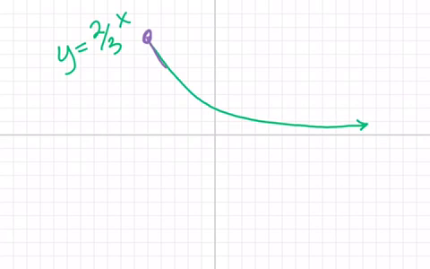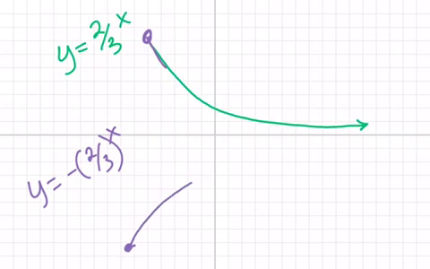Let's say y equals negative 2/3 to the x power. You're going to start down in quadrant 4 and go up and to the right. But listen, if you don't remember that, all you need to do is plug in numbers and make a table. Let me show you what I mean.